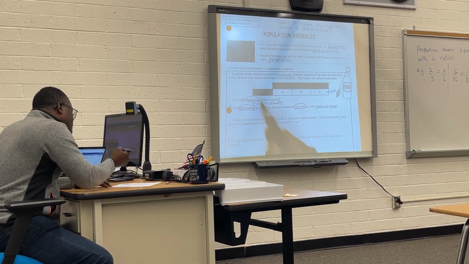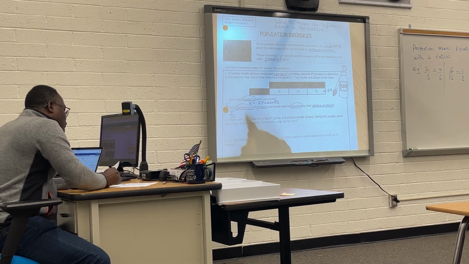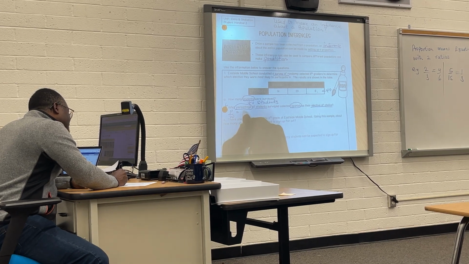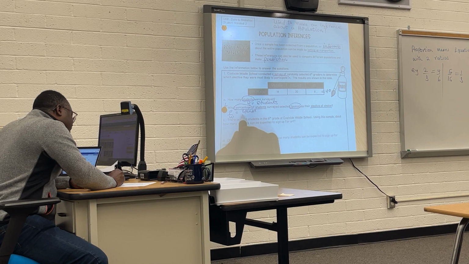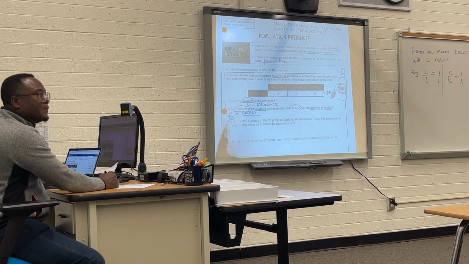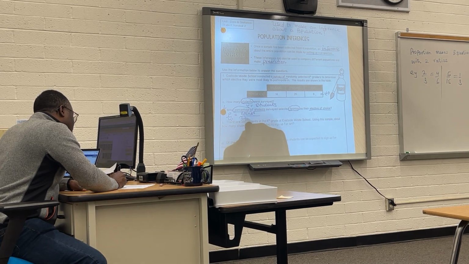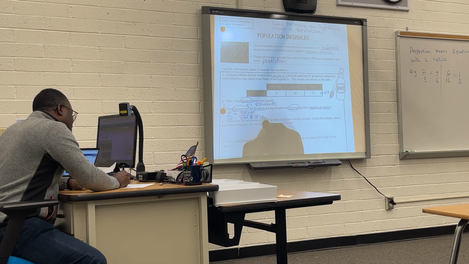So here becomes our part over the whole. The part is going to be the Spanish, over, what will be the whole? The whole will be the total number of students.